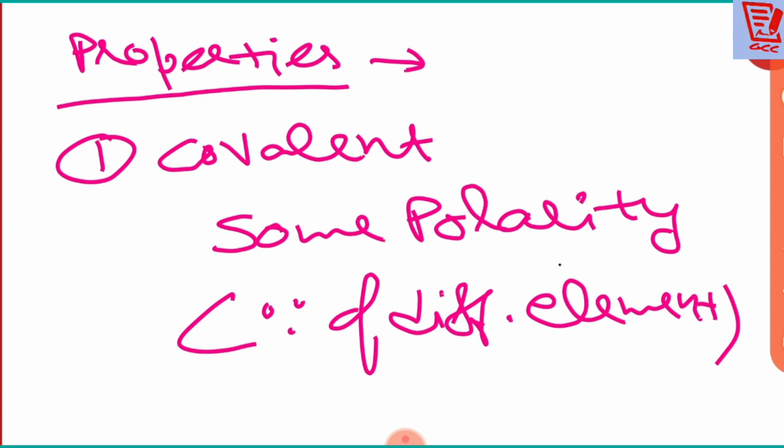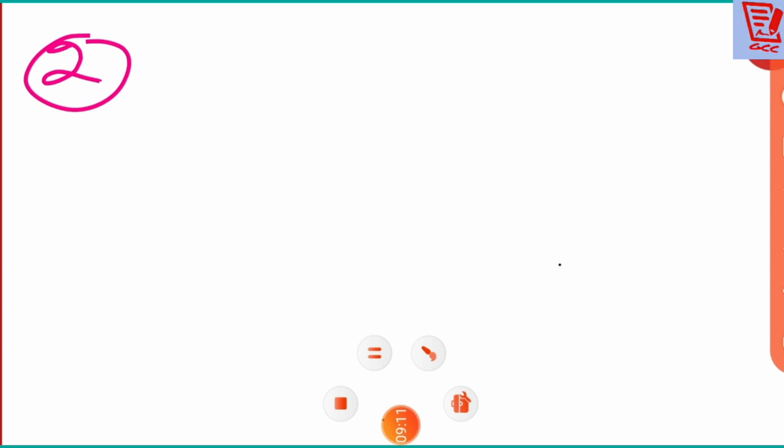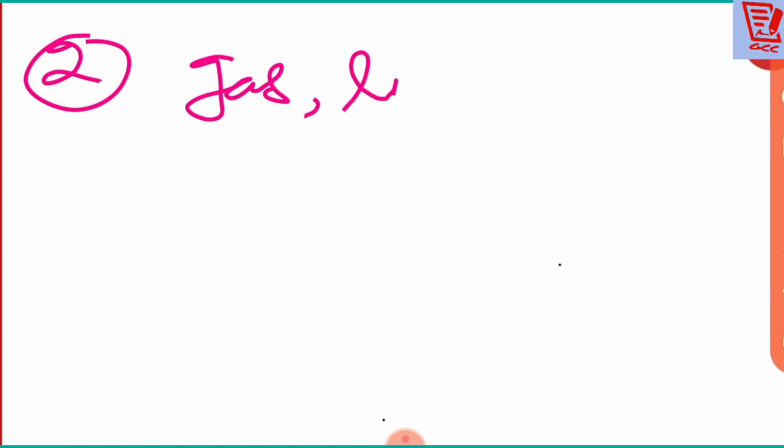Clear? Then after that students, we have a next point. The second point, you see please all of you. In the second point, they are asking about their physical state. Usually all the interhalogen compounds can exist as a gas, liquid, as well as solid.